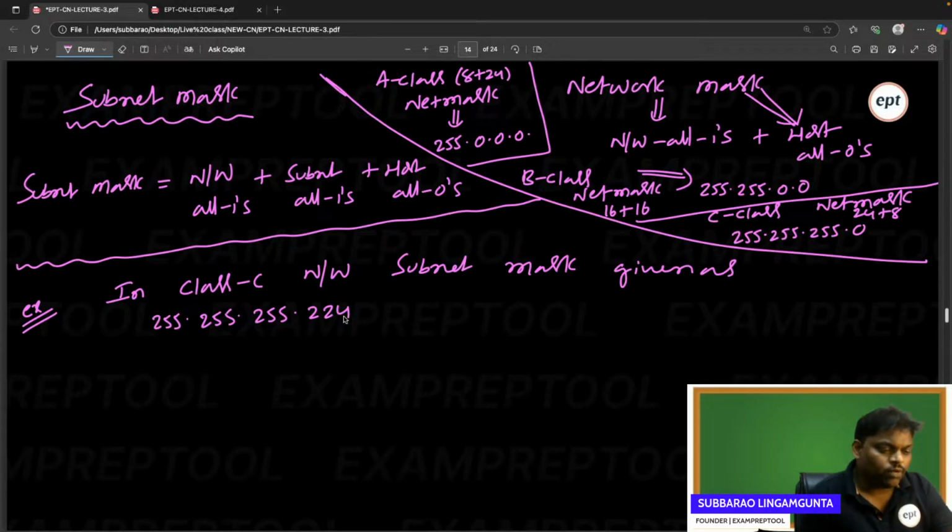Now the question. Question number one: number of subnets, how many?